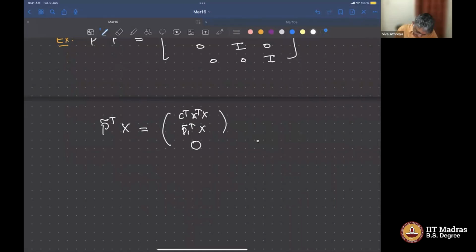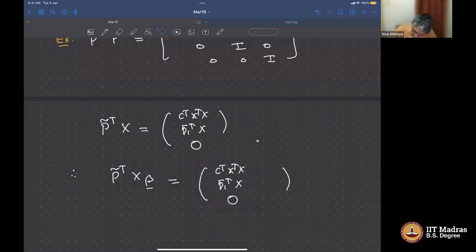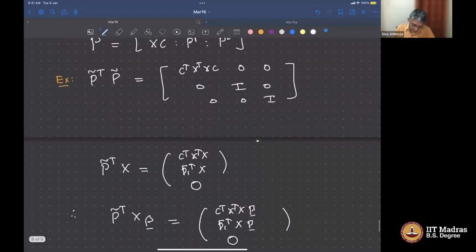So therefore, P tilde transpose X beta, which is what you're after, will be what? Again, this whole thing: C transpose X beta, then P1 tilde transpose X beta. But what is C transpose X beta? What was C transpose X?